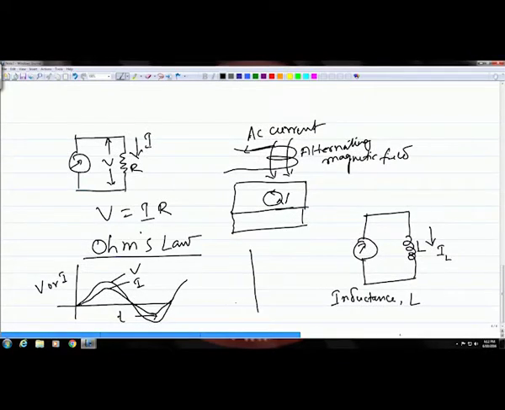But in case of an inductor, if you plot the same, then you will see that there is a lag between the voltage and the current which is flowing through the inductor.